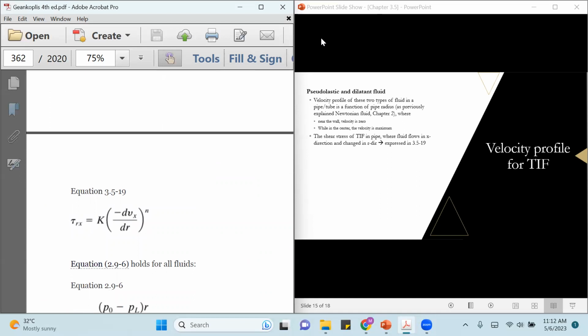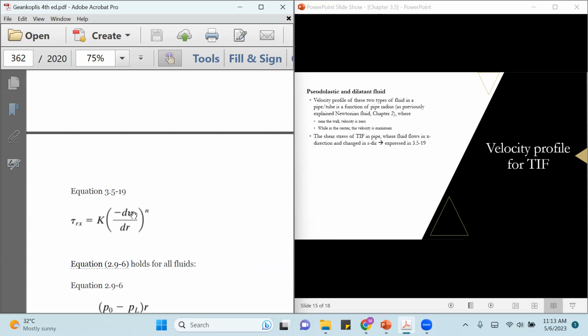The shear stress of these two types of fluid in pipe is expressed as in equation 19. So this is the shear stress of the fluid in pipe.